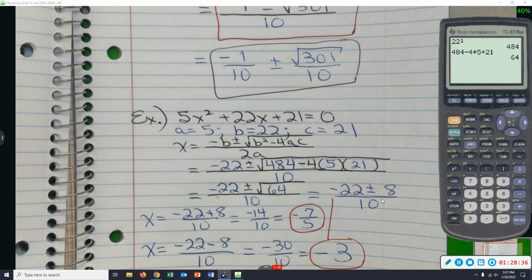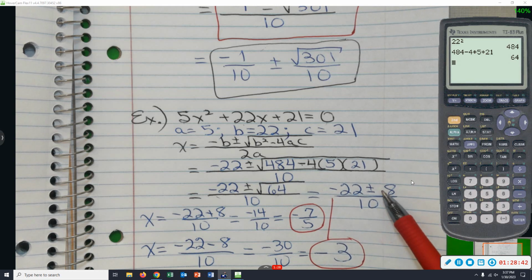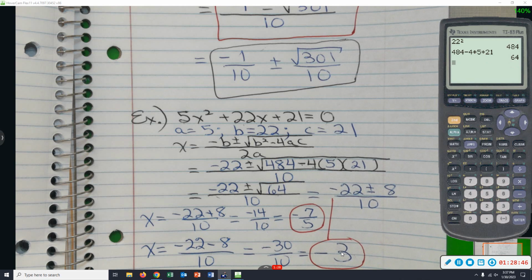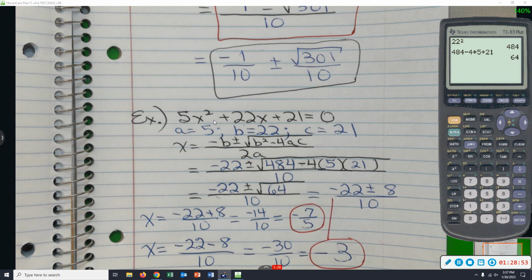But if there's no i's or square roots, you don't stop here. You have to break it up into two possibilities and get two rational solutions. And this isn't something you'll actually see us doing much in class, because if it's factorable, we're going to factor it.